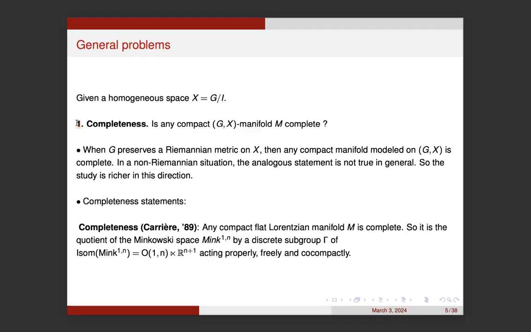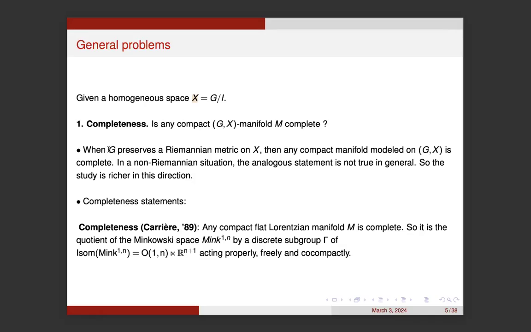This first question is an important question which is widely studied, and the question is the following: is any compact manifold which is locally isomorphic to X complete?